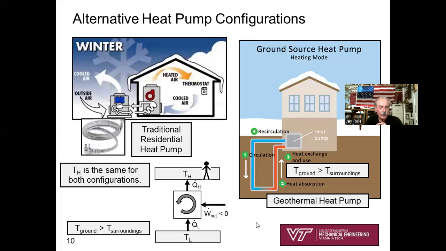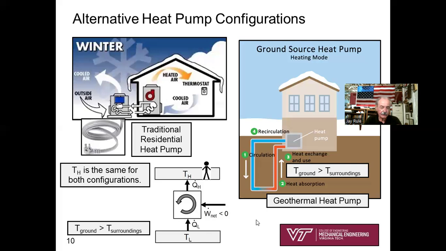And you know that below the frost line, the ground is at a higher temperature than the outside surroundings in the cold winter, right? So you can tap into a TL that's a higher number than the outside surroundings, so that for a geothermal heat pump or ground source heat pump, the ground temperature is bigger than the surroundings.